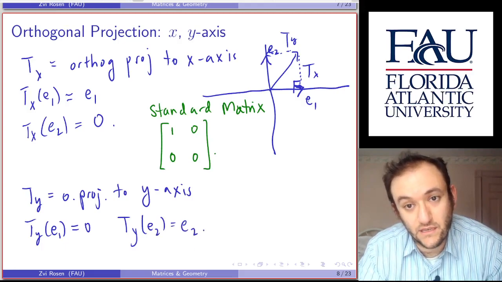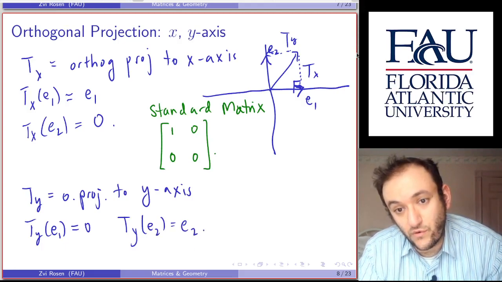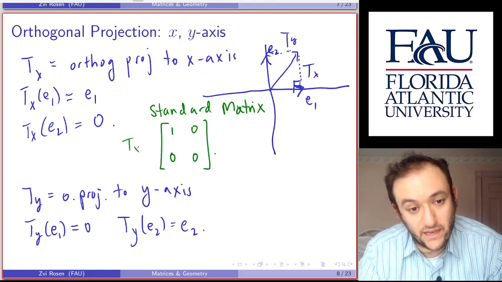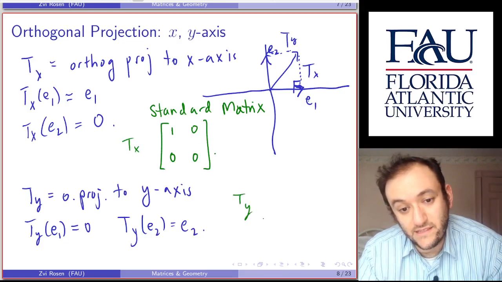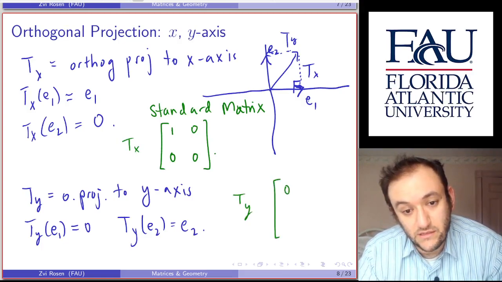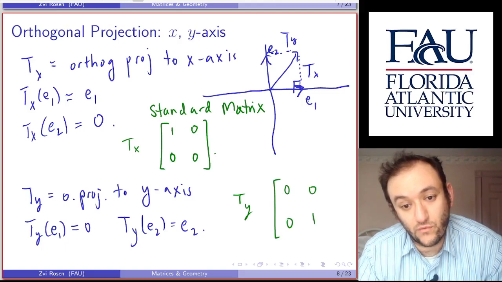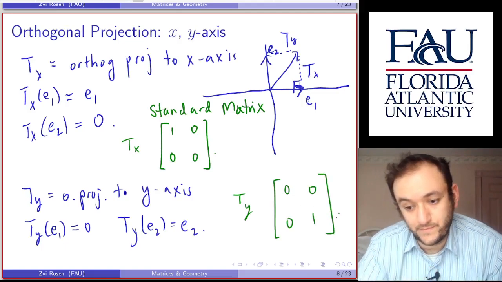This was the standard matrix for Tx. For Ty, the standard matrix is going to be [0, 0; 0, 1].